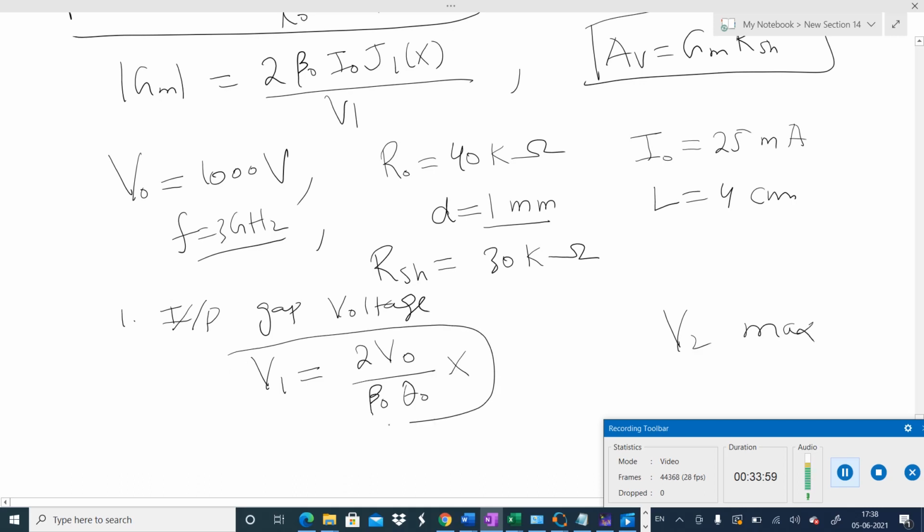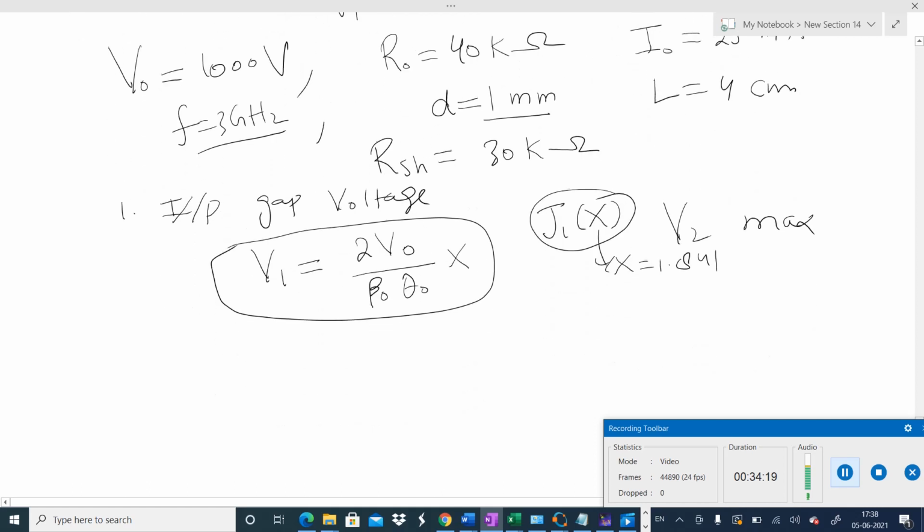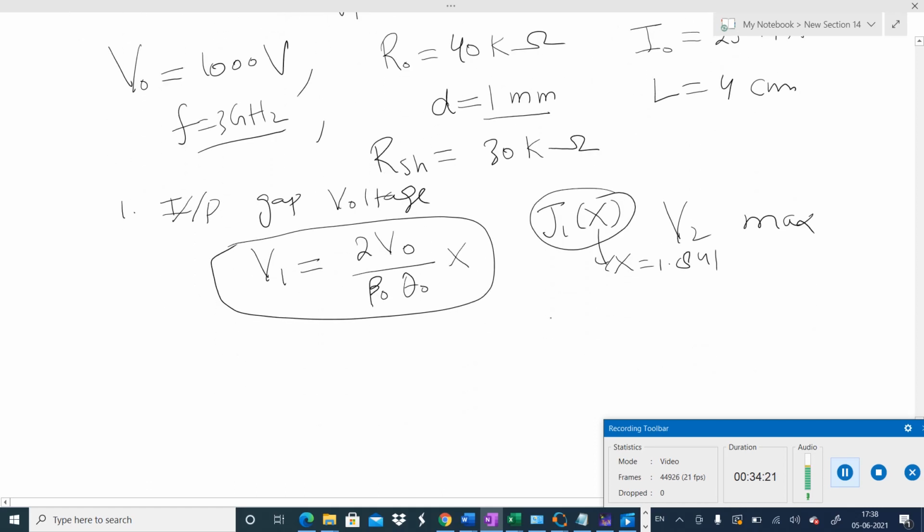Now this will be maximum for which J1 is maximum, right? And J1, the Bessel function of first order, is maximum at X equal to 1.841. And hence we got the first thing. For maximum output voltage, we have done this in derivations also. We will take X equal to 1.841. Better to remember this result.